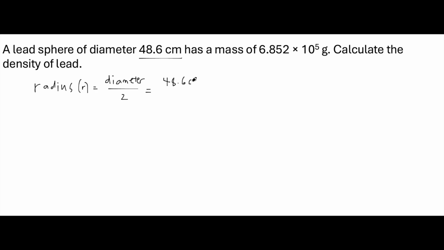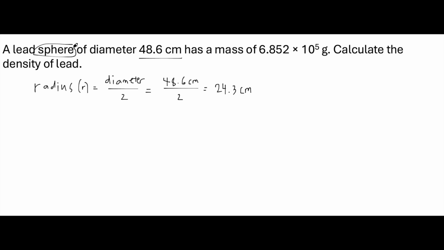So you just simply divide it by 2. So if you do that, you will get 24.3 centimeters. Now the problem says that the shape of the lead is a sphere.